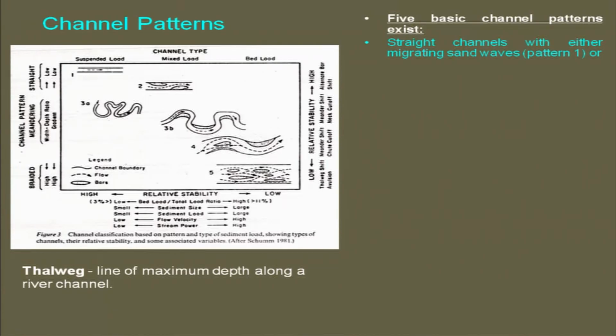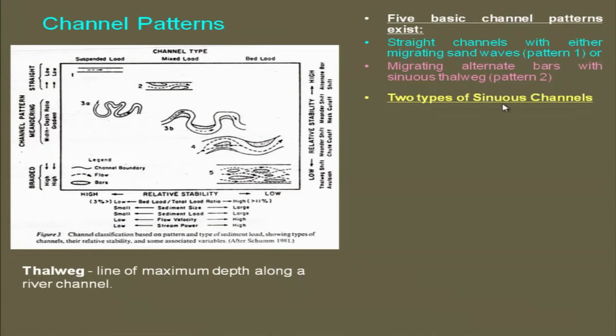Straight channels with migrating bars are pattern 1, and pattern 2 is migrating alternate bars. Again this is a straight channel, but in the form of mixed bed load. Then there are 2 typical sinuous channels, 3A and 3B.